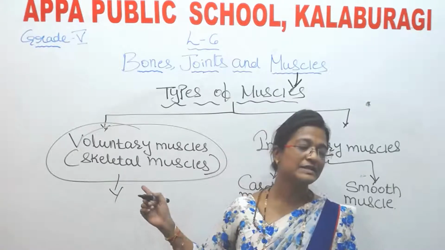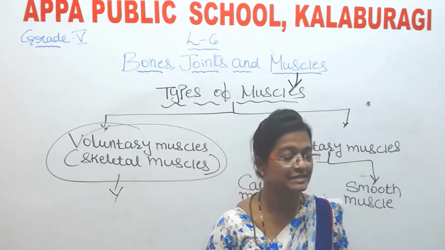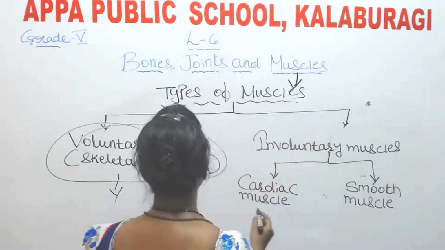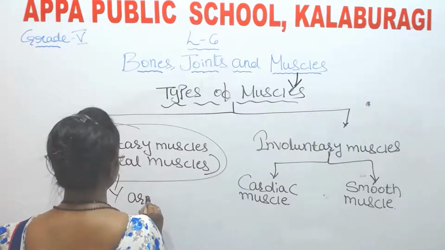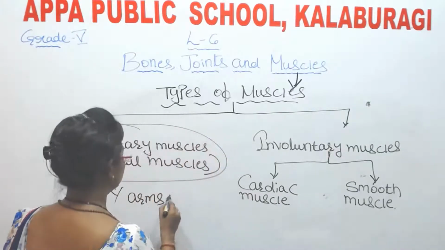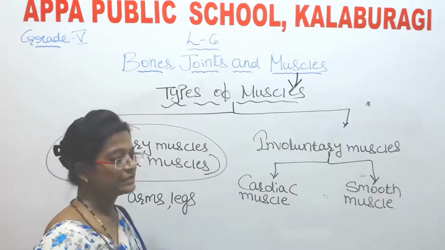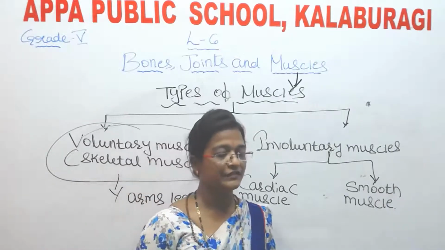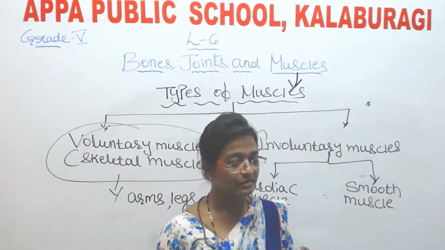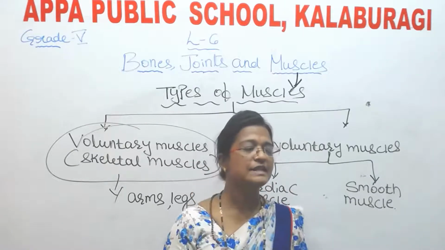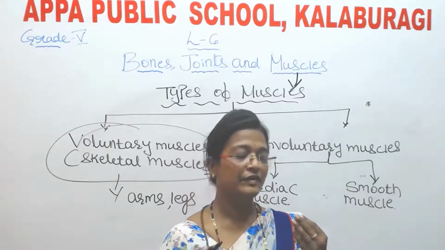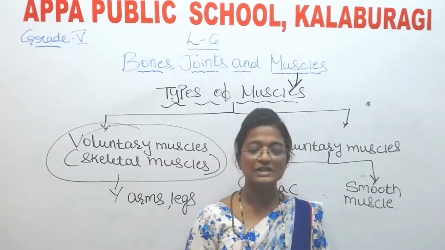So where do we find these types of muscles? We find them in the arms, legs, neck, shoulder, tongue, eye. These are all under our control. If we want to walk, we walk; if we want to stand, we stand.